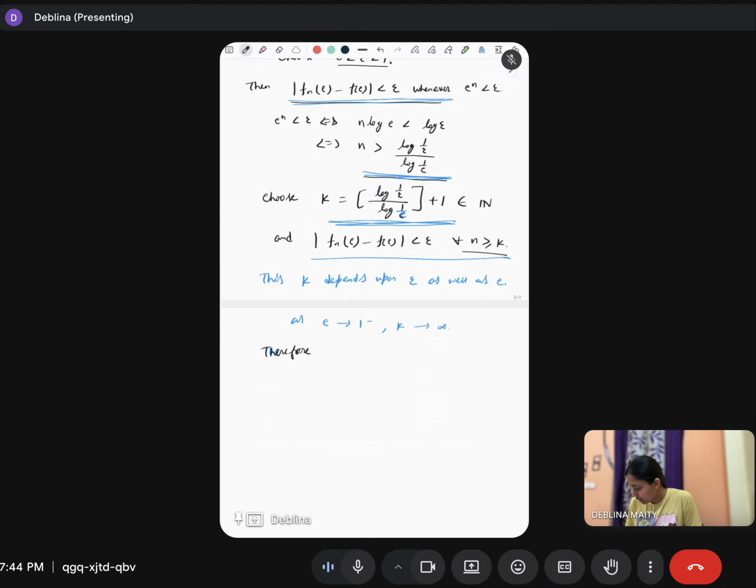So therefore Fn is not uniformly convergent on the open interval (0, 1), because the number k here is depending upon epsilon as well as c, the point. So that's why it is not uniformly convergent on (0, 1).